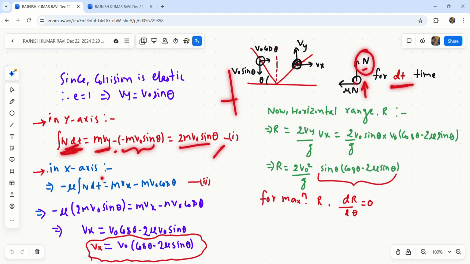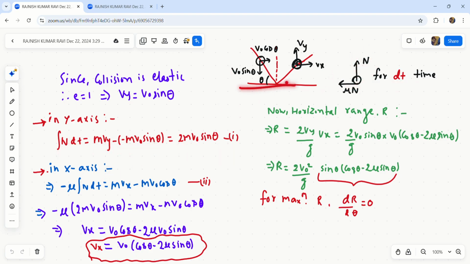Now if we write the impulse momentum theorem in x-axis, there is an impulsive force in the minus x direction. So the impulse of this force will be minus mu naught N dt, and this impulse can be written as final momentum in x direction minus initial momentum in x direction. The final momentum is m vx minus the initial momentum.